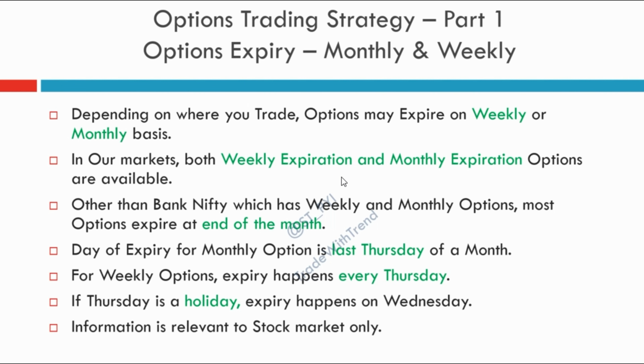Most of the instruments that we trade are for monthly expiration, leaving only Bank Nifty. Bank Nifty is available in both weekly and monthly options. Weekly options expire every Thursday, that is every week. And the monthly options in our market expire on the last Thursday of the month. Now this information is relevant to our stock market only.